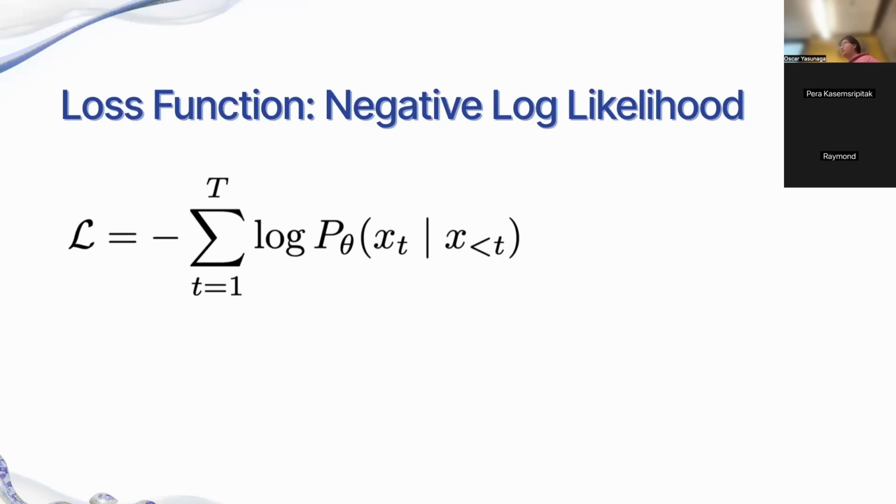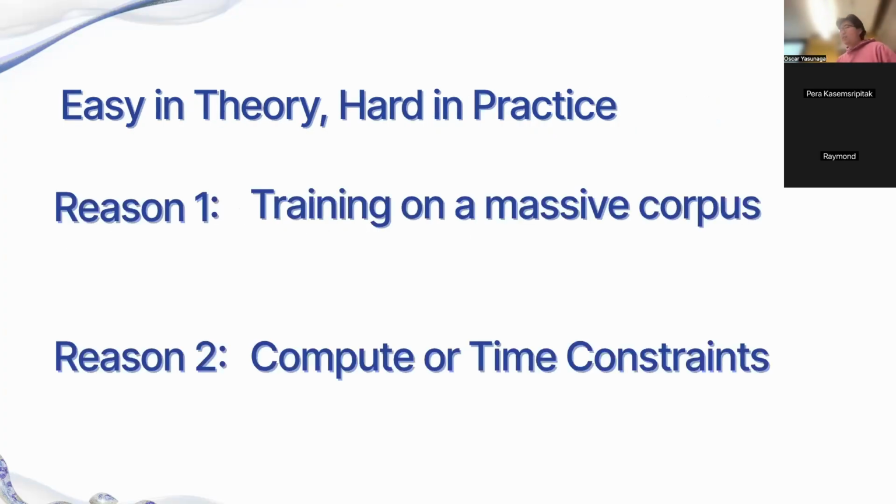It's kind of crazy that we're still using this, but this is how powerful it is. Theoretically, it's very simple. All you do is pick this loss function and then backpropagate. But in practice, it's very hard, for 2 reasons. The first one, you're training on a massive corpus. I think you can train on TinyStories or WikiText.